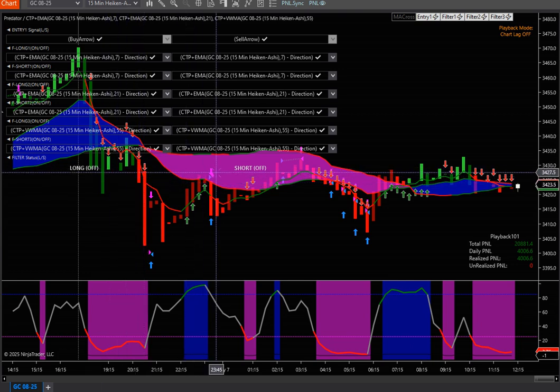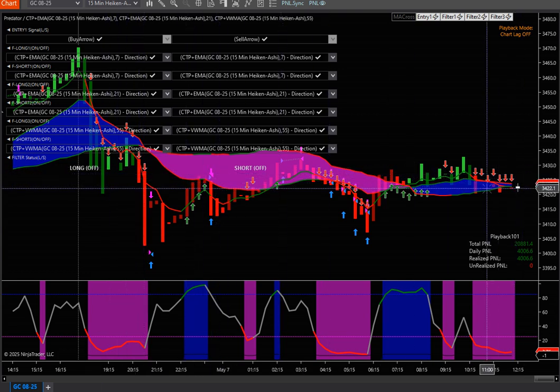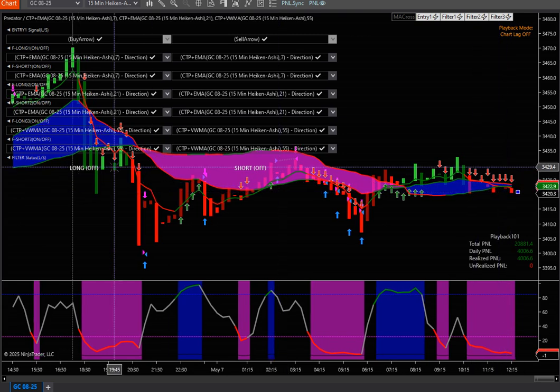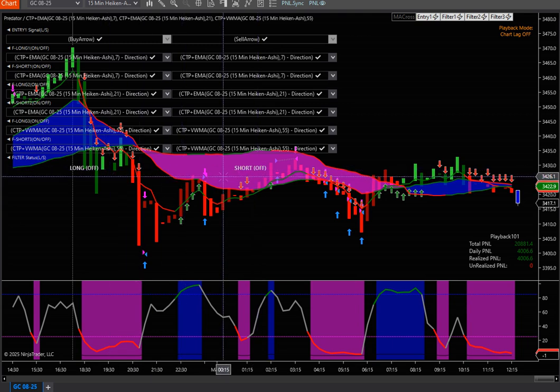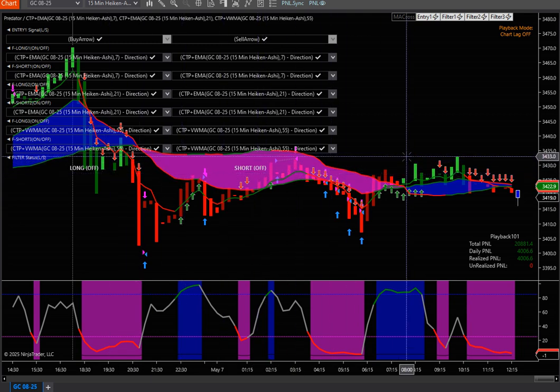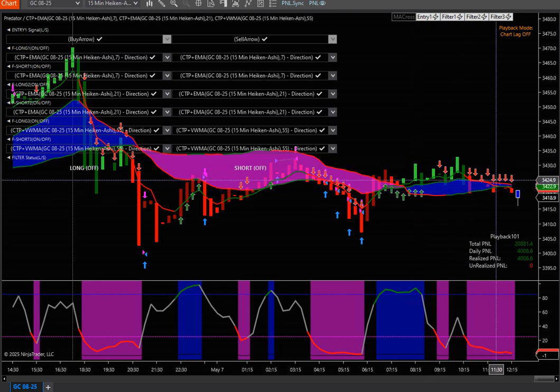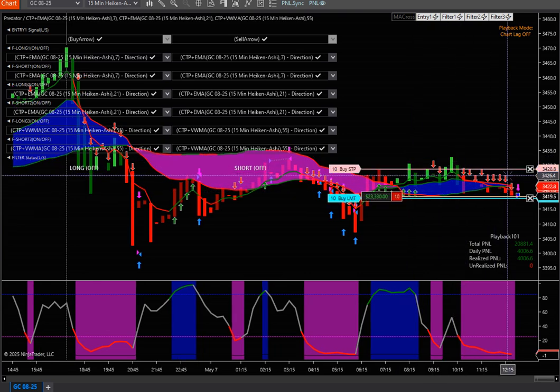You will see in a minute. Right now I'm in a range market, so you can see either long or short is not turned on, and you don't want to go into a trade when this is happening.